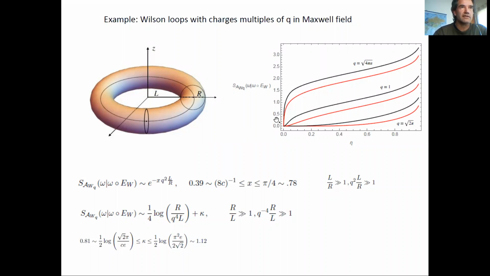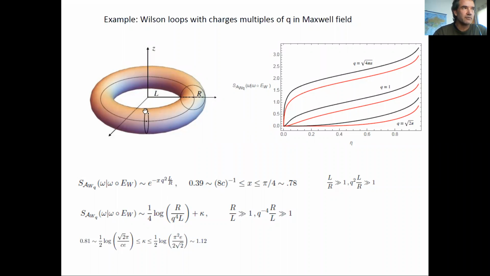Then you get these curves here that describe how the order parameter behaves with the ratio between the width and the radius. And you can see here are some formulas.